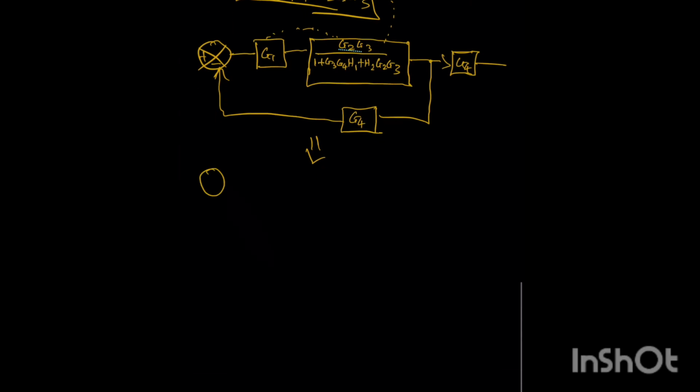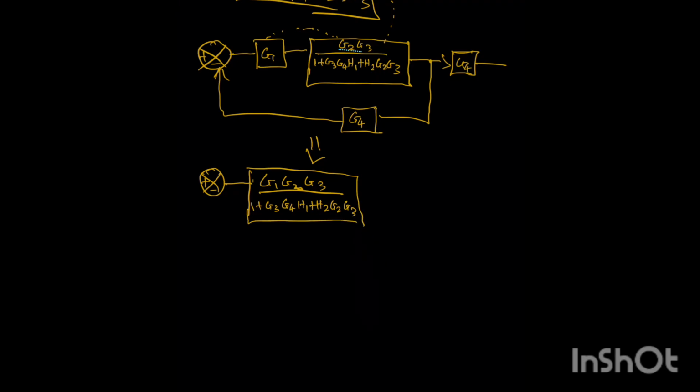So we'll be having plus minus G1, G2, G3 all over 1 plus G3, G4, H1 plus H2, G2, G3. So combining them in series. So we have G4 over here, and here we have G4, C of X.